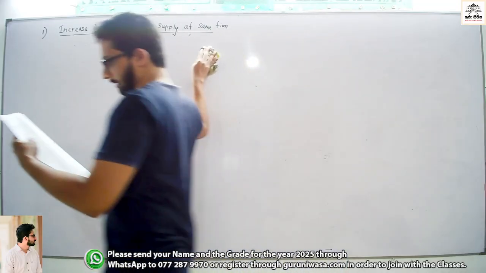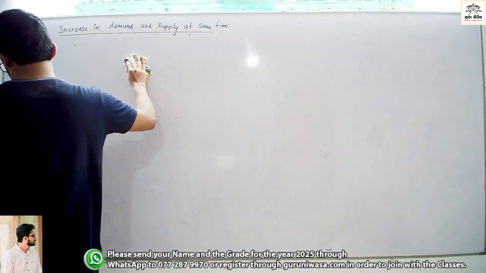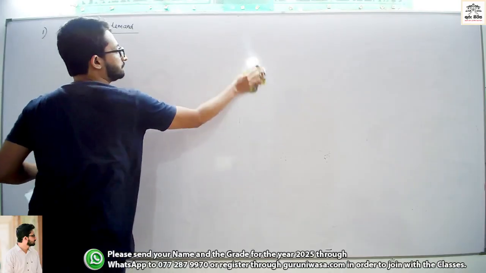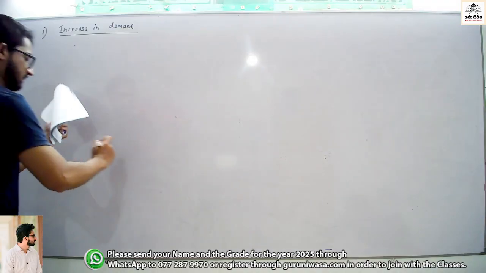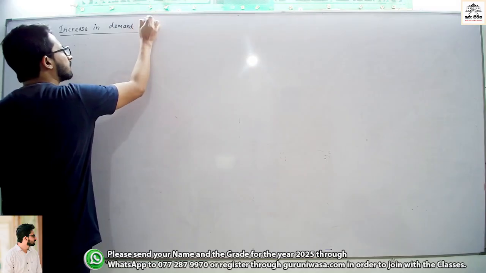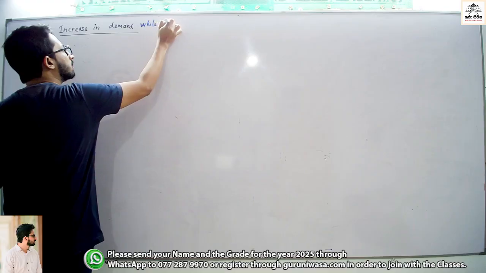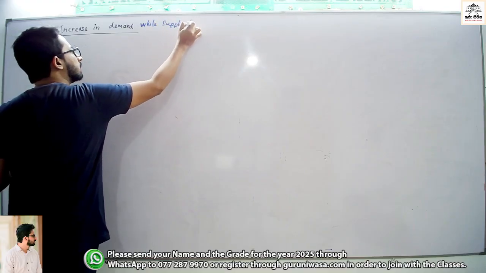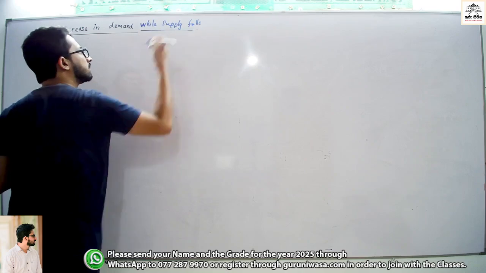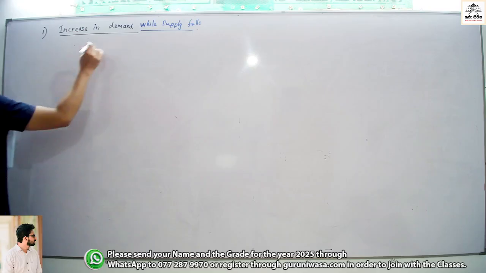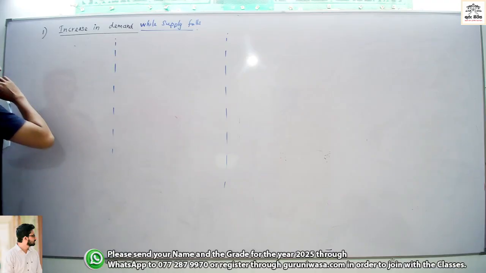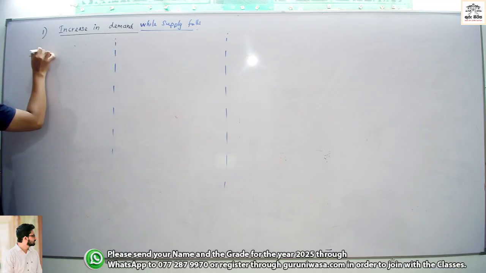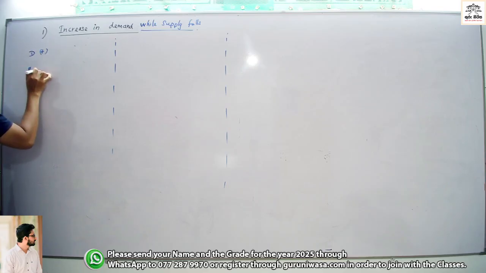What is the second one? Increase in demand but supply falls. Look at the board. This can happen in three ways. First one: demand increases, supply decreases, so the supply curve shifts to the left, but with different percentages.